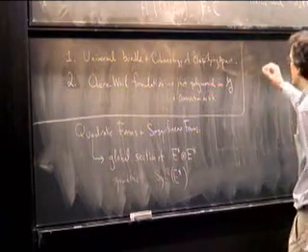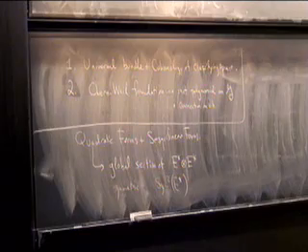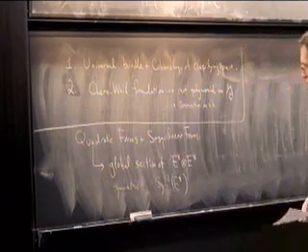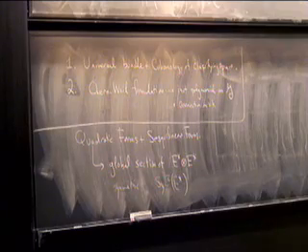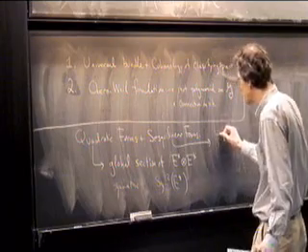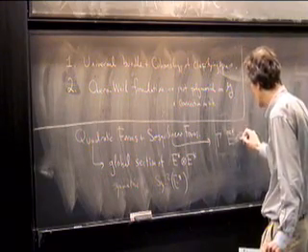And then if you ask that it's positive, that's what we would call a metric on E, then that makes sense globally. Similarly, a sesquilinear form would be a global section of E bar dual tensor E dual.